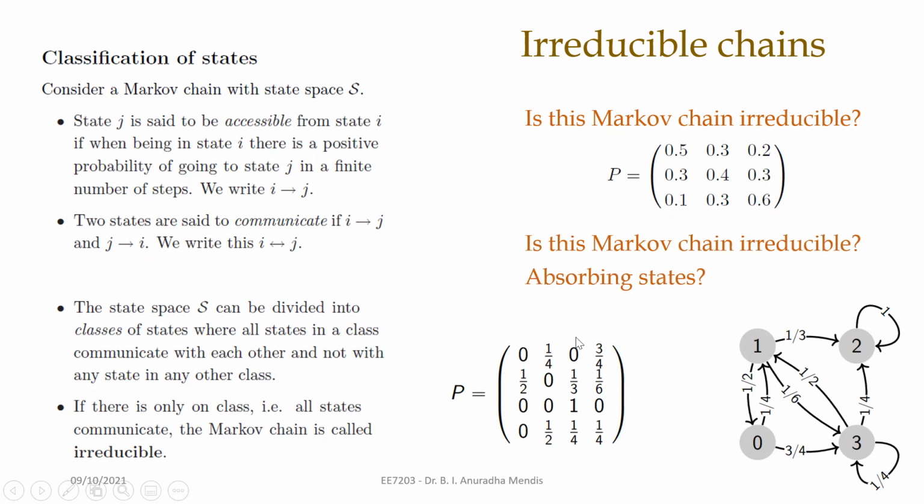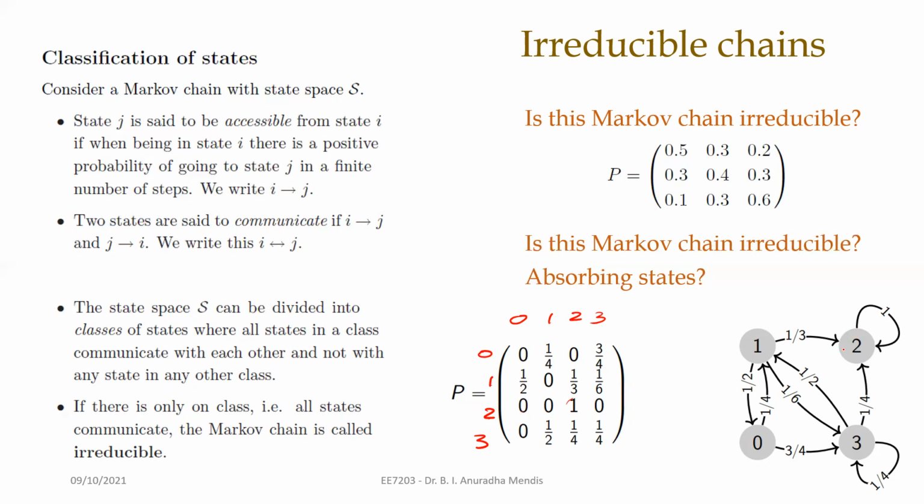For example, in this third row, this is state 0, state 1, state 2, state 3. So from state 2, you can't go to 0, you can't go to 1, you can't go to 3, you can go only to itself with probability 1.